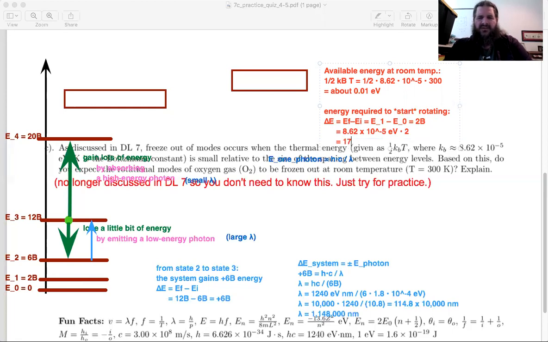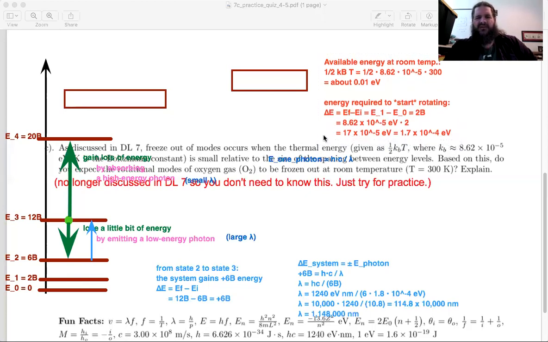So about 17 times 10 to the negative 5, or 1.7 times 10 to the negative 4. So that means to get this rotating in the first place, you need about 2 times 10 to the negative 4 electron volts, 0.0002. The energy we have available at room temperature is about 0.01 electron volts.